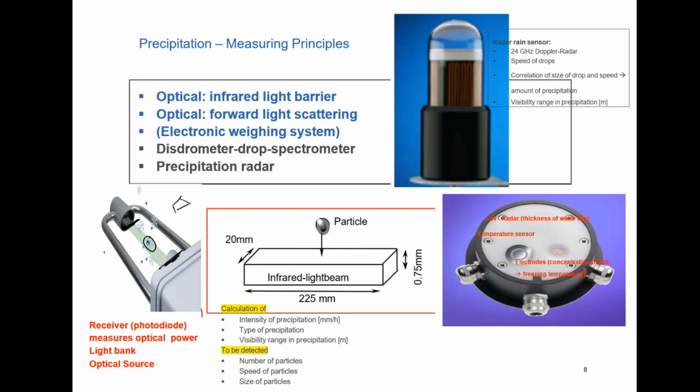So one part is basically working as the light bank. This one is the optical source, and this is the receiver. So through the optical source, we are trying to identify the different precipitation through the light barrier system.